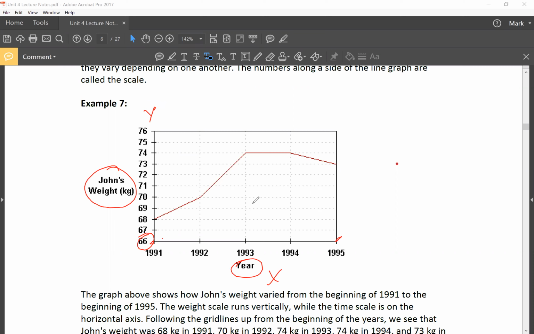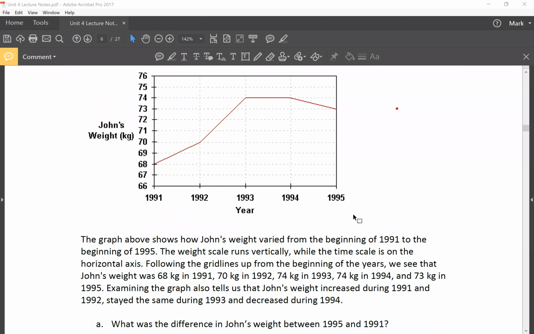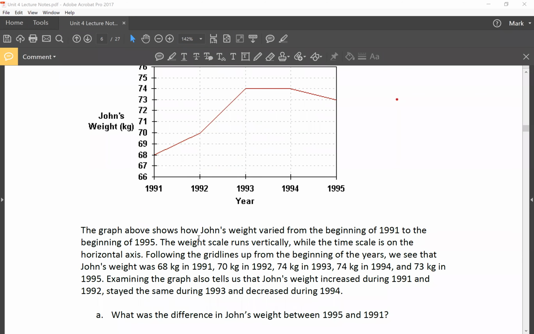A long time ago. All right, so let's do some reading. Let's look at a couple questions. Then you guys do one. The graph above shows how John's weight varied from 91 to 95. The scale, which I already mentioned to you, is vertical. The weight time is on the horizontal.